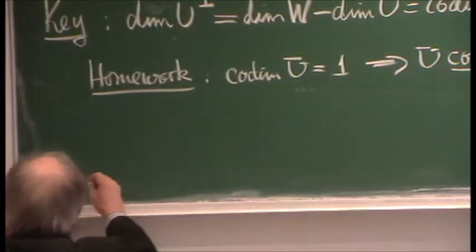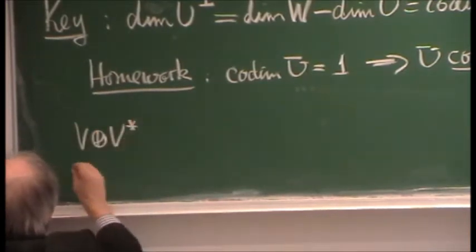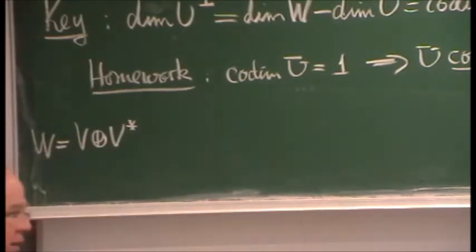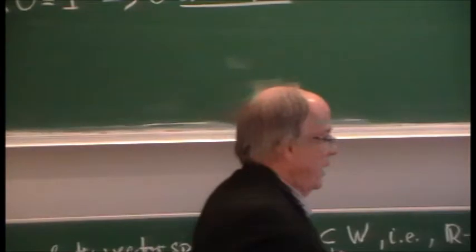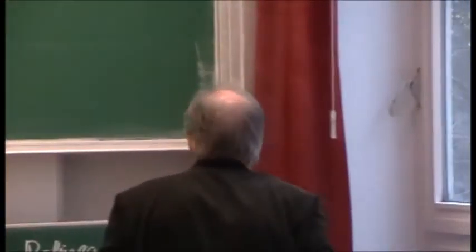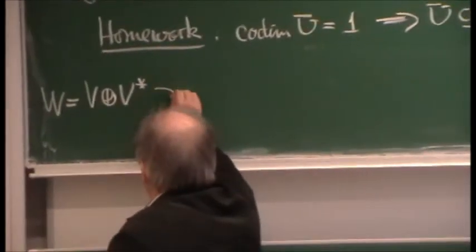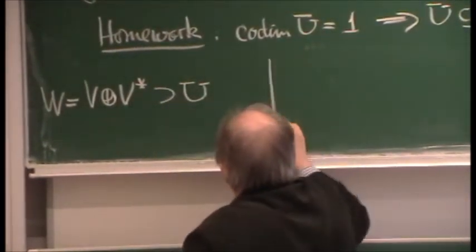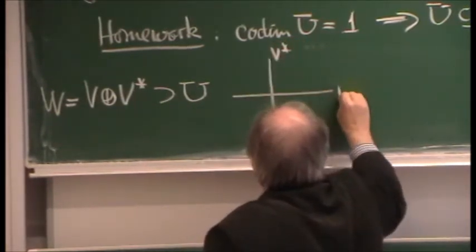I hope, let's take V plus V star, let's take this example again, W. Let's try something here. You see here, this is Lagrangian, that's V star. And here, this is V, that's Lagrangian.